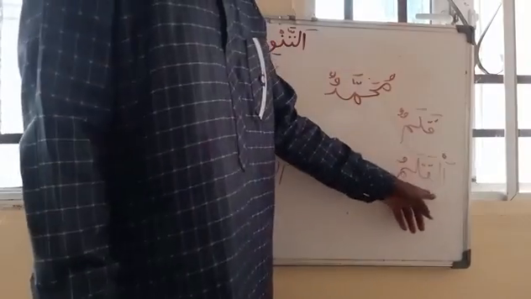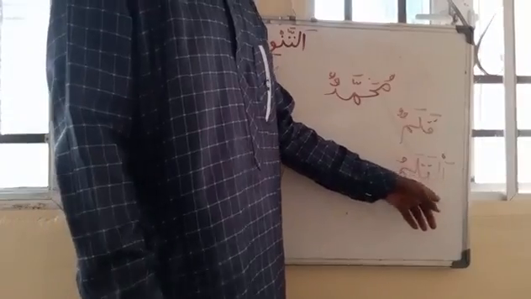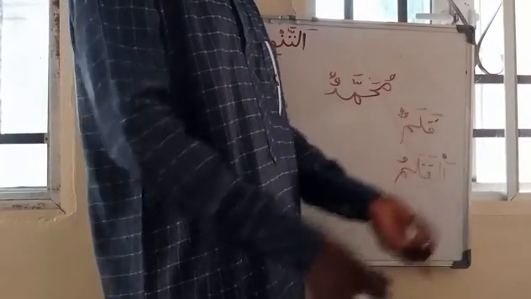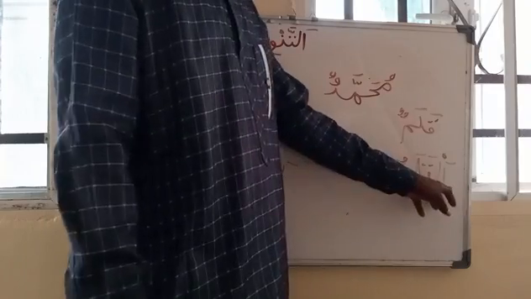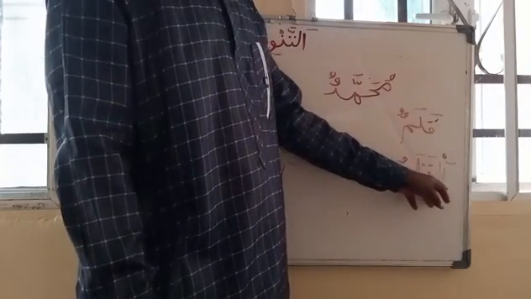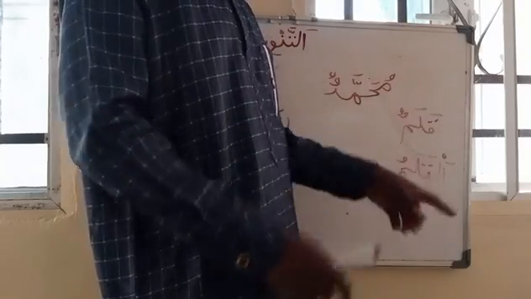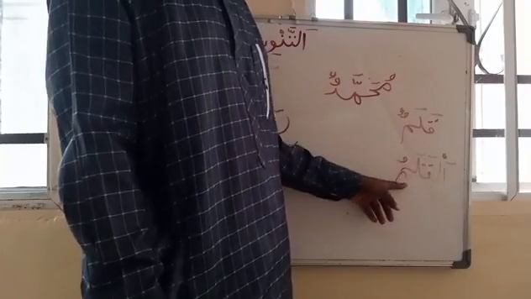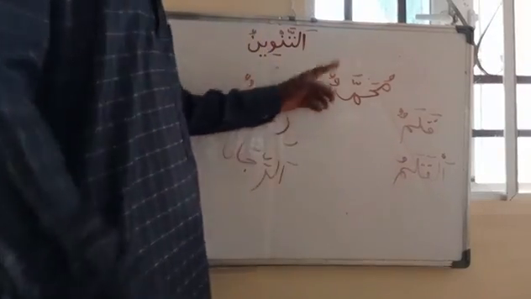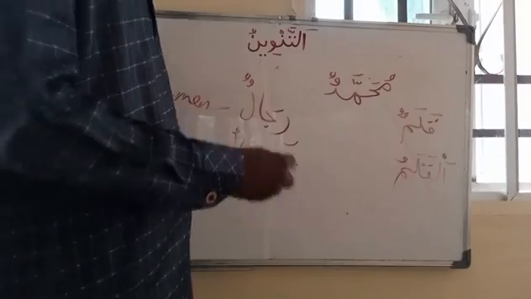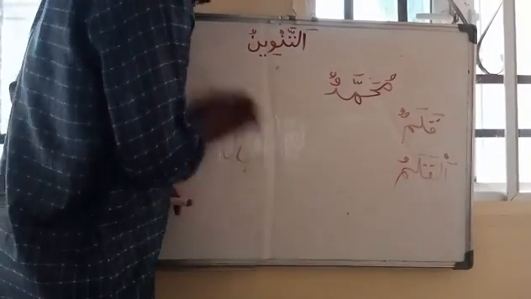This al, we call it al-ma'rifah or al-ta'rif. We use it to make things definite. Whenever it is attached, it is usually attached to the beginning of your name. So one of the signs that a kalima is a name is to have al introducing it or to have a tanwin ending it. I think this is where we are stopping.